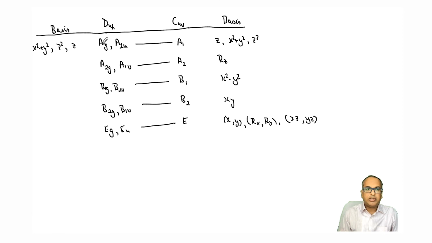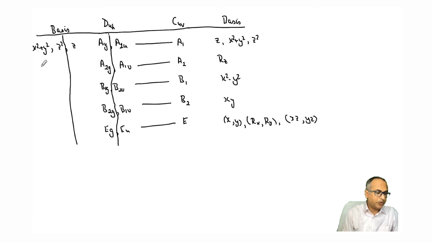So if we want to separate out these ones, let us try to draw a line carefully between this, and I will just write down the basis on the left for A1G and right for A2U. Similarly, the left basis is for this side, right basis will be for A1U side. Okay.